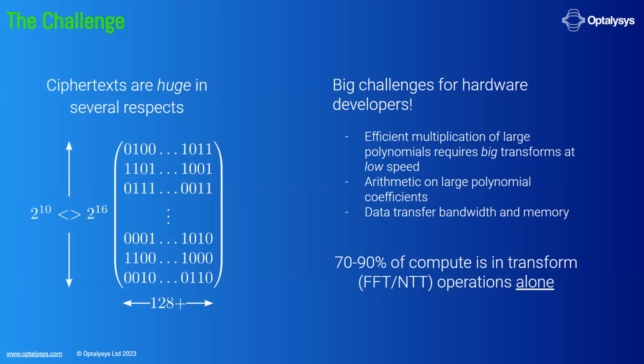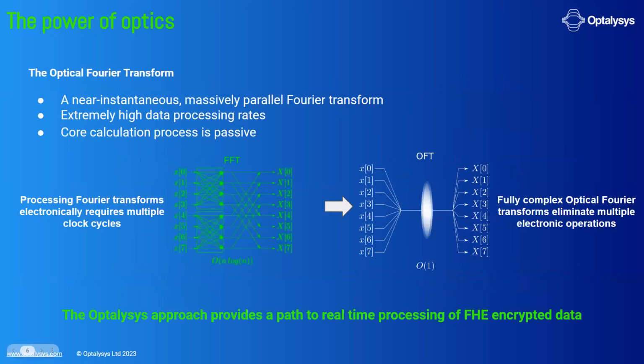So this is fundamentally going to require a specialist architecture if you are going to meaningfully accelerate FHE. We have to consider that transforms are the predominant bulk of the computation itself, 70 to 90% of the computation, depending on the scheme parameters.